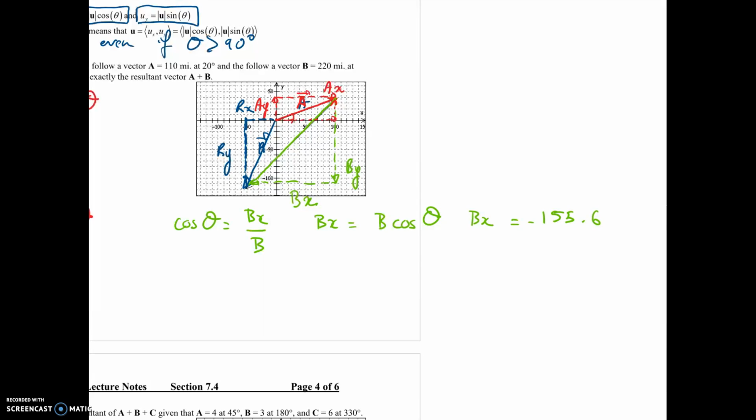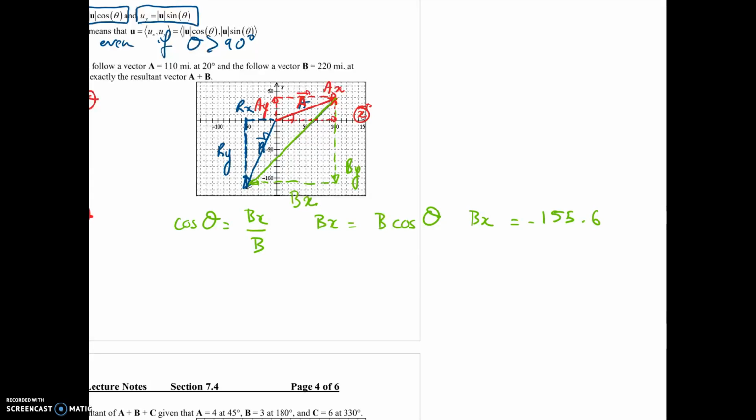The sign is correct, because I know that Bx is going in the opposite direction of the vector with magnitude 1, which is purely in the x dimension.